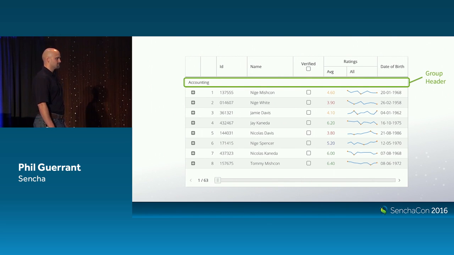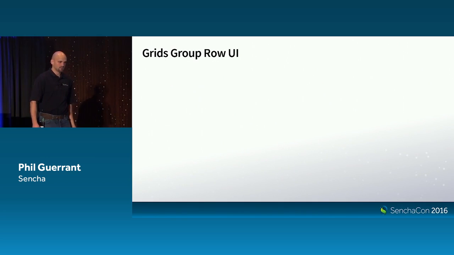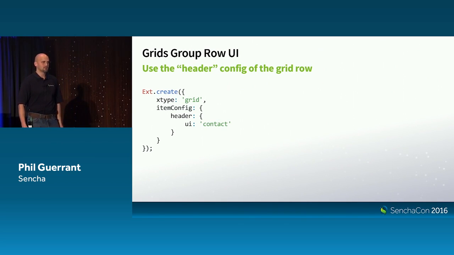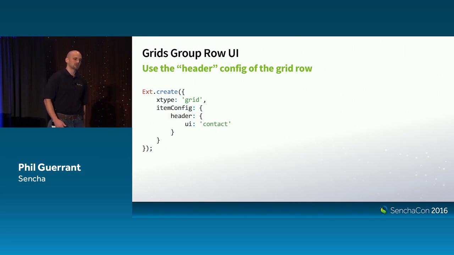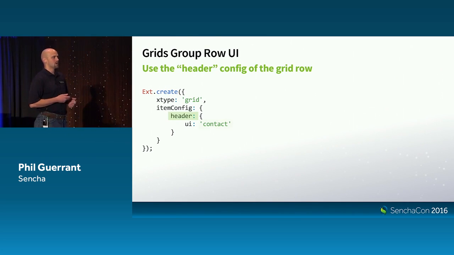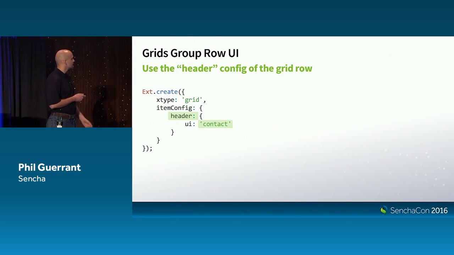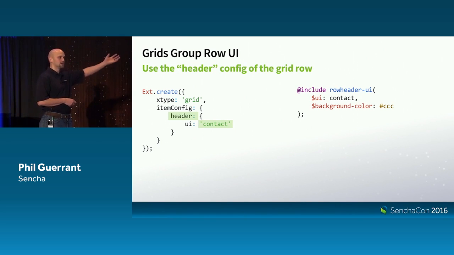How about the group header? Well, that's actually an aspect of the row. So once again, we can use the item config to configure the row, and we can use the row's header config to configure the UI of the group row. Invoking the row header UI mixin, passing along our UI name once again.